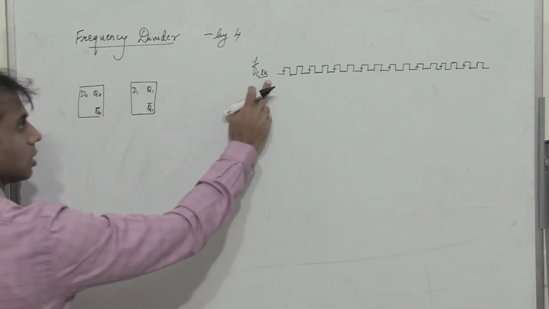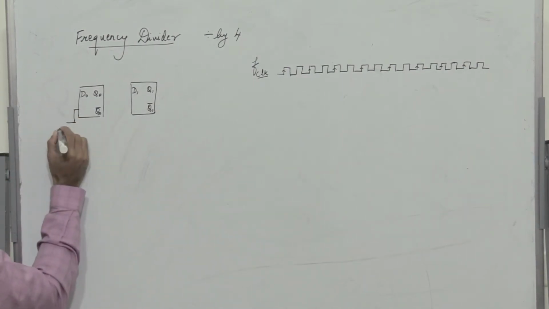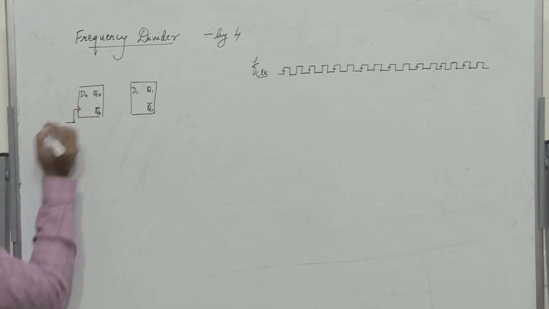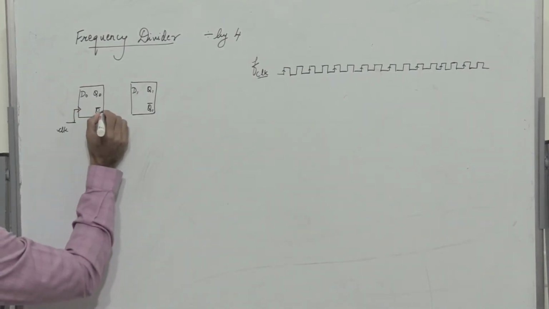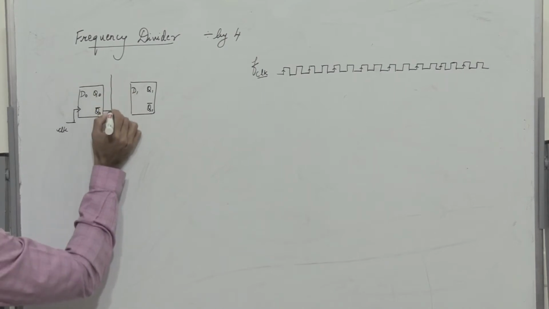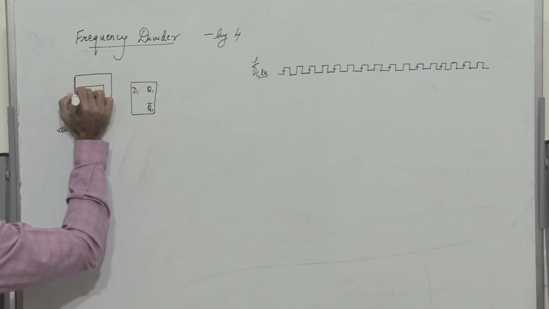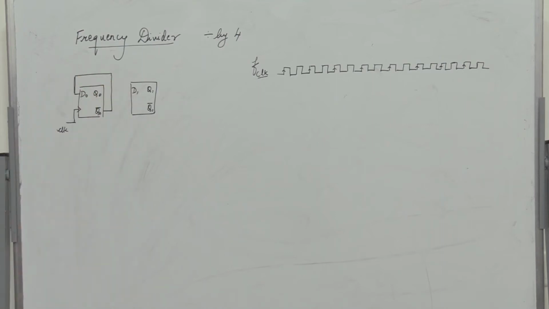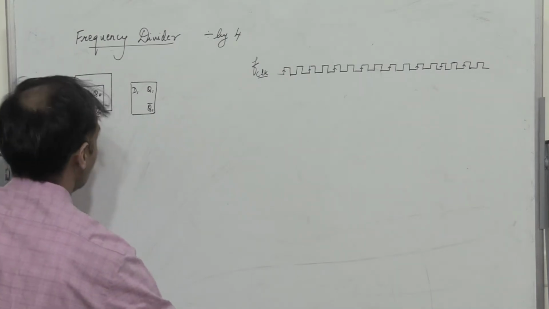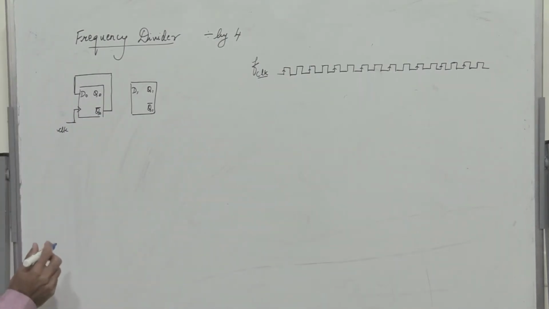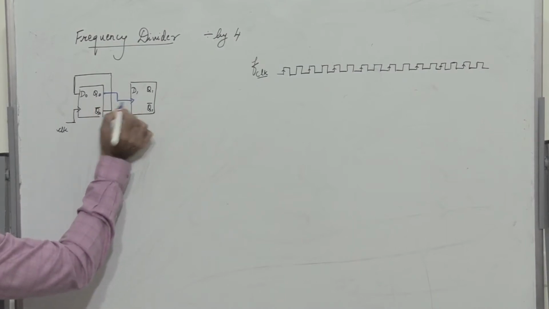The input clock is given to the first flip-flop. Right? So this is the input clock which is given to the first flip-flop. And then what happens, Q0 bar is fed as the input to D0, whereas the output Q0 becomes the clock to the next flip-flop.